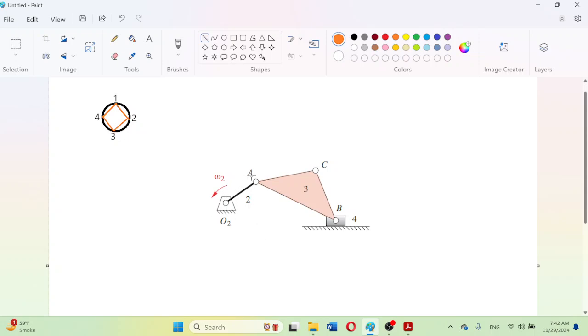This is link number 1 and link number 2 has been connected here. So instant center I1,2 will be through this line, and in a similar manner instant center 2,3 will be here at this moment, that will be connecting link number 2 and link number 3, and in a similar manner link number 3 and the 4th slider.